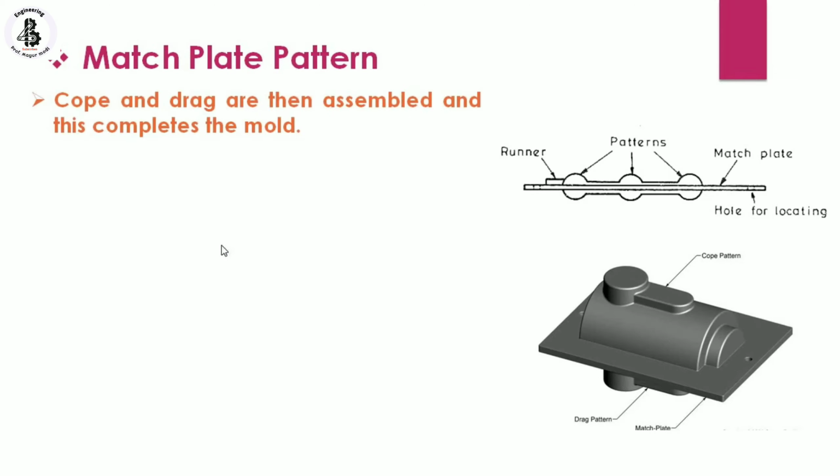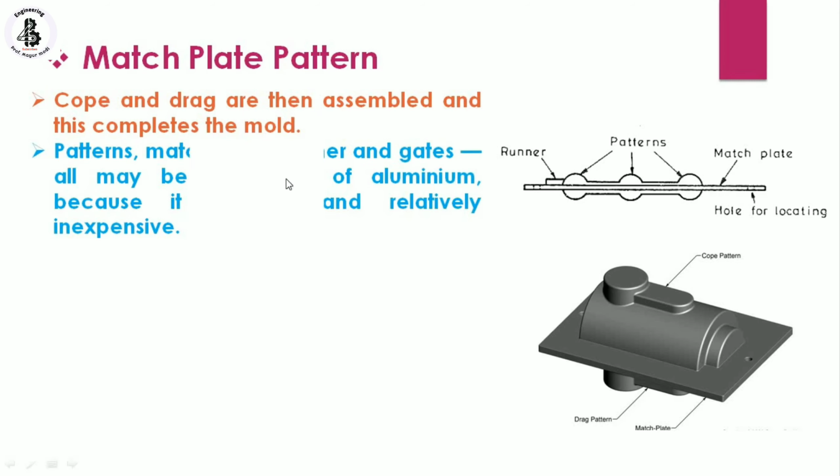In the case of match plate patterns, just you can see the cope and drag are assembled, and this completes the total mold. The pattern, match plate, runner and gates may all be made of aluminium because it is light and relatively inexpensive.